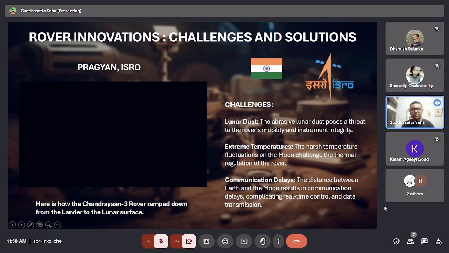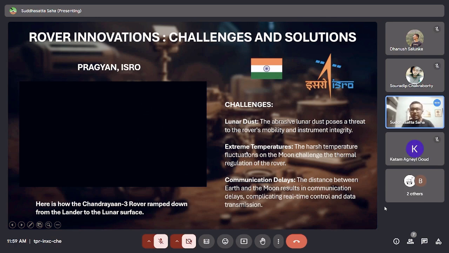Like it can be extremely cold, can dip down to as much as 130 degrees Celsius, and the material properties of certain things might change. So that is why thermoregulation of rovers is very important, and that is a challenge every rover faces, and so does Pragyan.